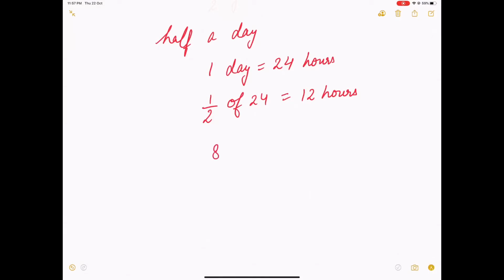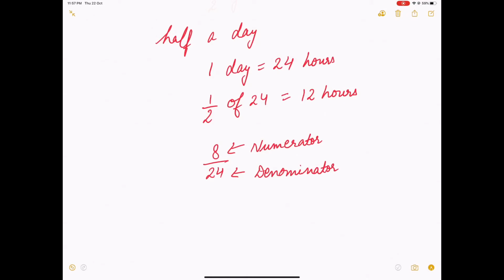And if I talk about myself, I sleep for around 8 hours. So that means 8 out of 24. So if I consider 1 day as a whole, I sleep 8 hours, right? So 8 is my numerator and 24 is the denominator.